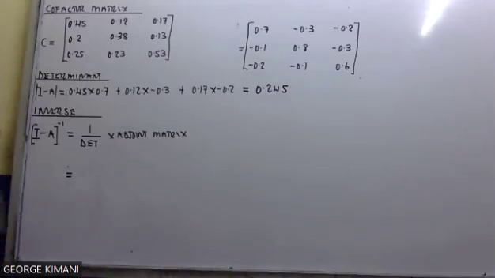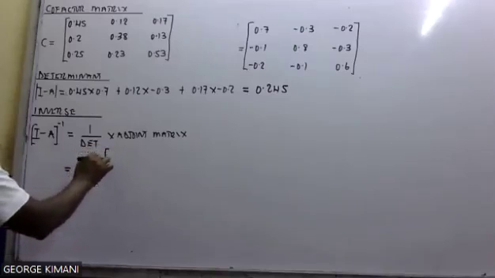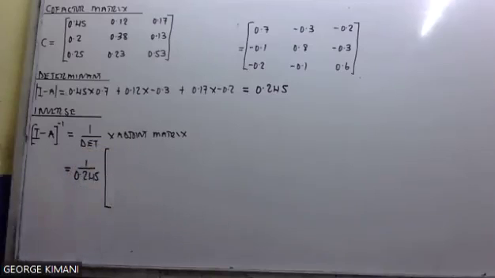So now this becomes 1 over 0.245. You have to take the cofactor and transpose it to get the adjoint.